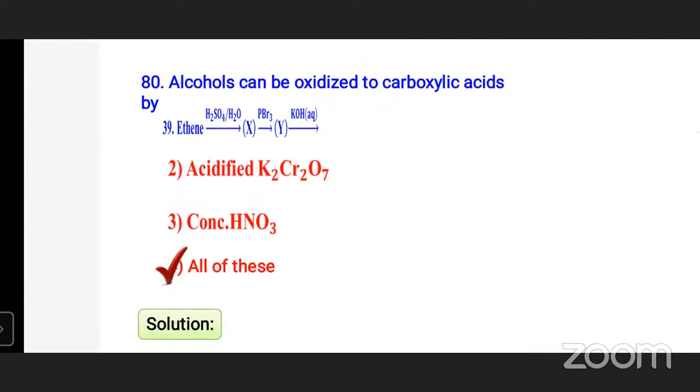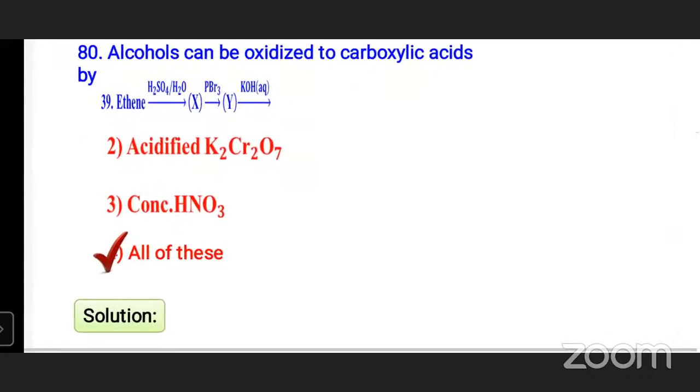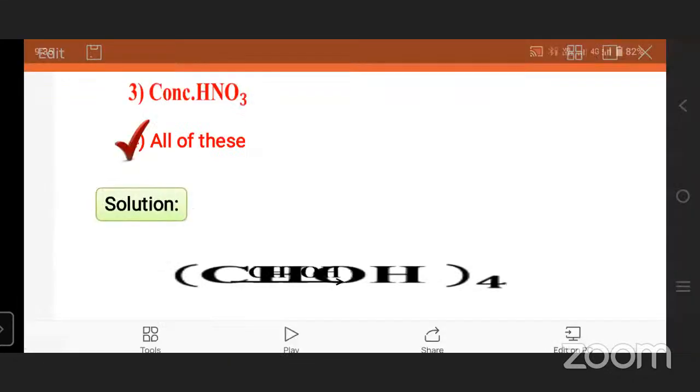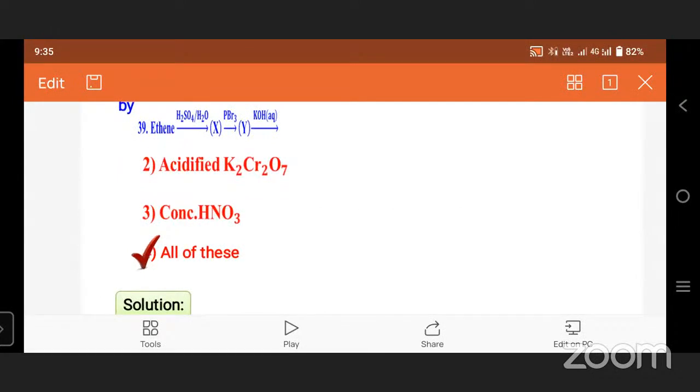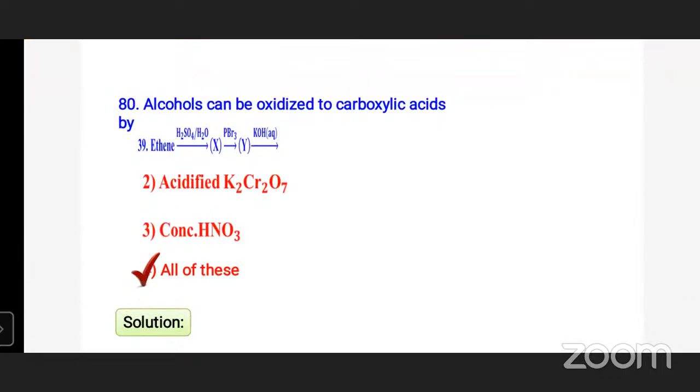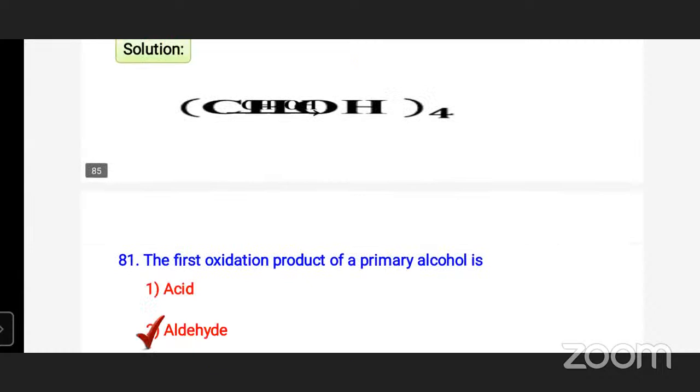Next, alcohol can be oxidized to carboxylic acid by ethanol reacting in the presence of H2SO4, water, X, PBr3, Y, KOH, Z. In the above options, number one, acidified chromic acid K2Cr2O7 or KMnO4, acetic acid is formed, then PBr3 and KOH, and concentrated nitric acid. All of the above is the right option.